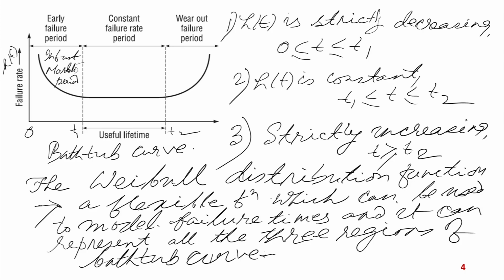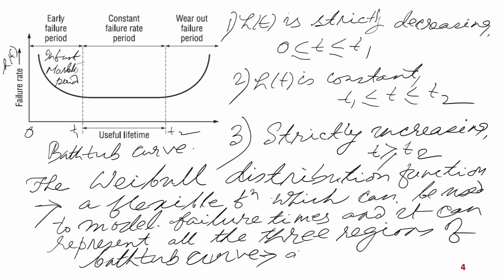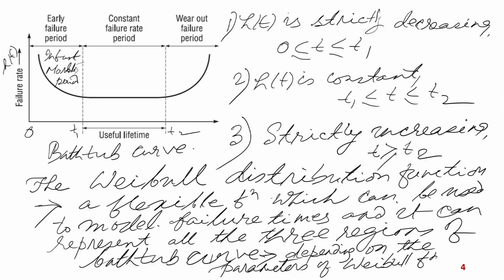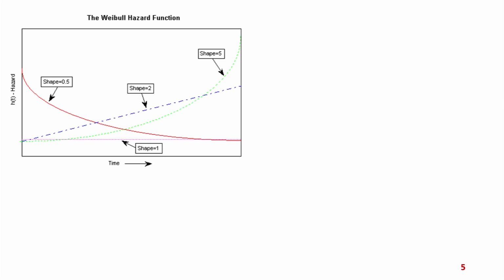It depends on the parameters of the Weibull function, so you can have a representation of all the three regions depending on which parameters you are using. We will just see it.